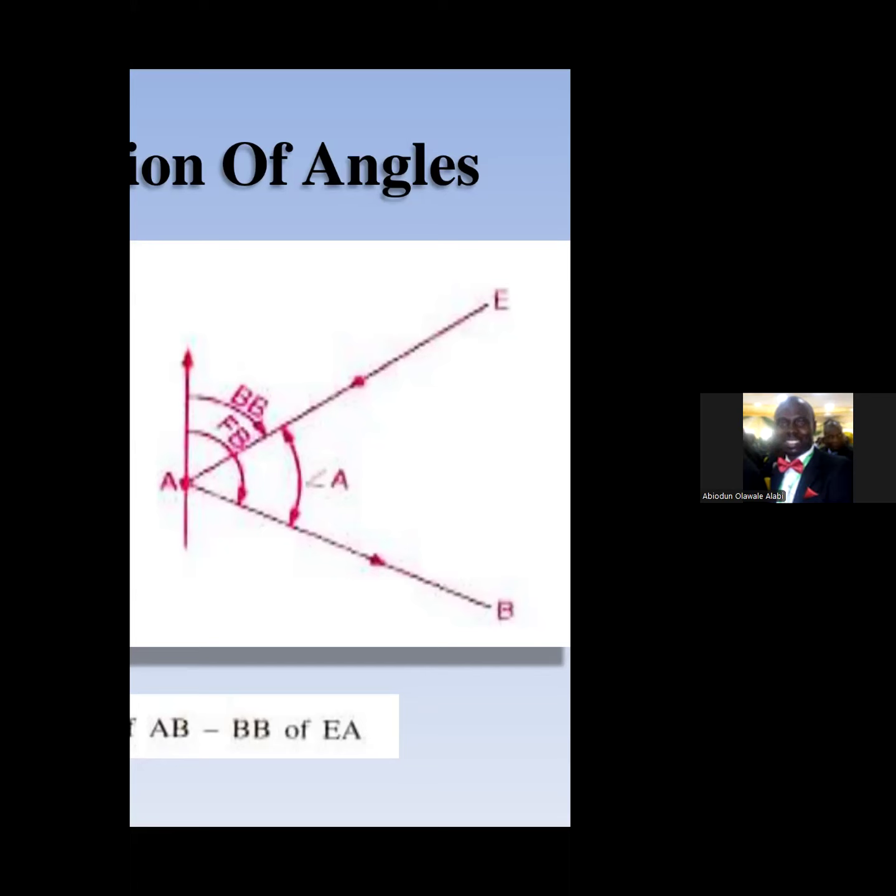Now let's look at bearing AE. Bearing AE is the back bearing.